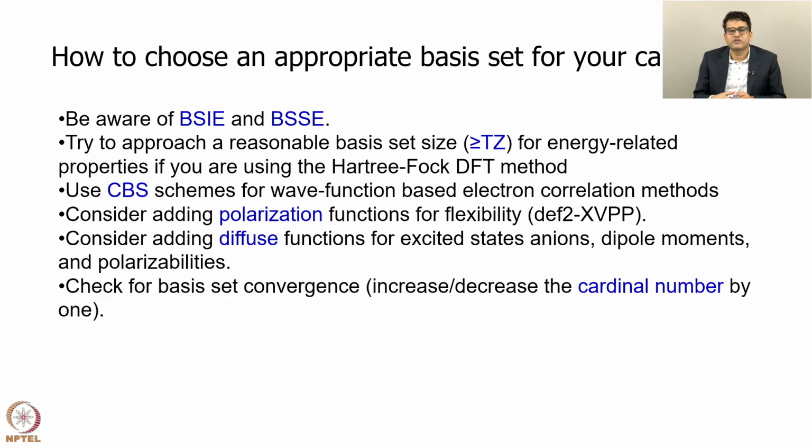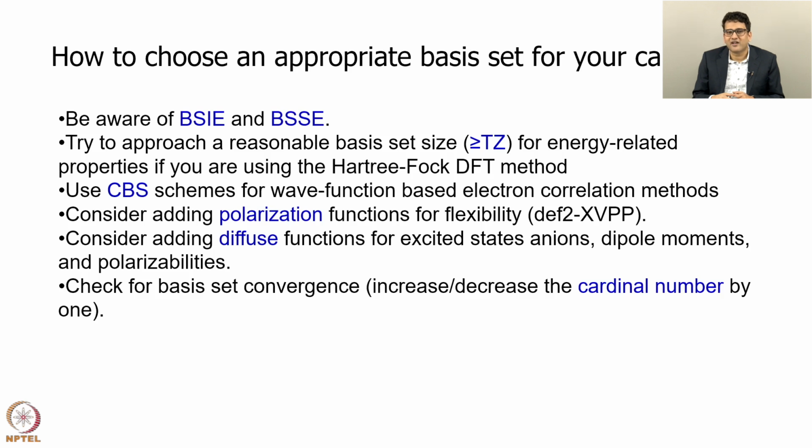And most importantly, check for basis set convergence. Once you get a result with a reasonable quality basis set, let us say triple zeta or quadruple zeta, make sure that increasing the basis set by one cardinal number does not change the result drastically. There should not be any qualitative change in the result.